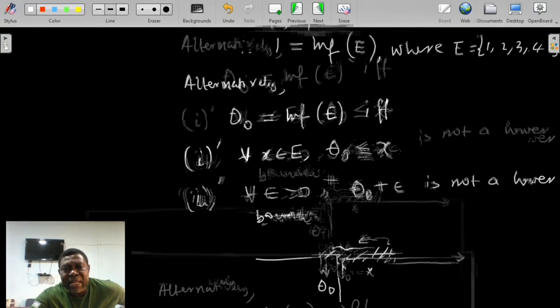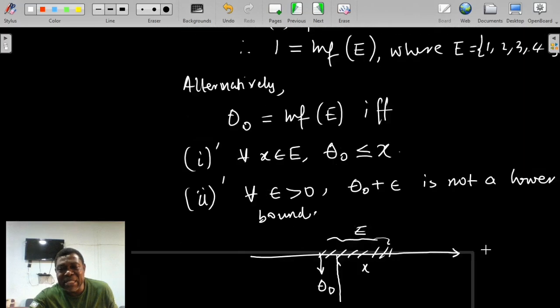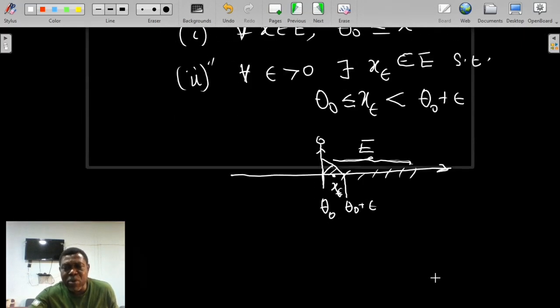So we've given about three equivalent characterizations of what it means for a number theta naught to be the infimum of a set. When we start solving problems, the nature of the problem will determine which of the characterizations should be used.